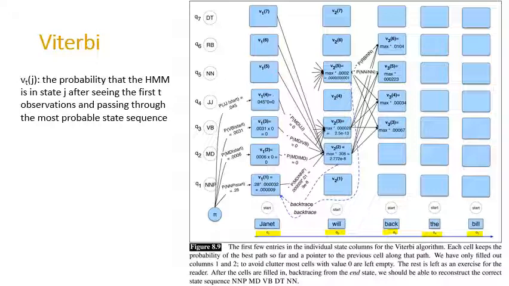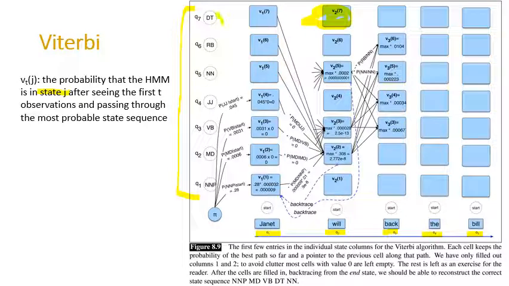And then in this part here, you see all the possible tags that we consider. We have 7 possible tags that we consider. What we have in each of the boxes, let's say we have V27 up there, means the probability that the HMM is in state 7.